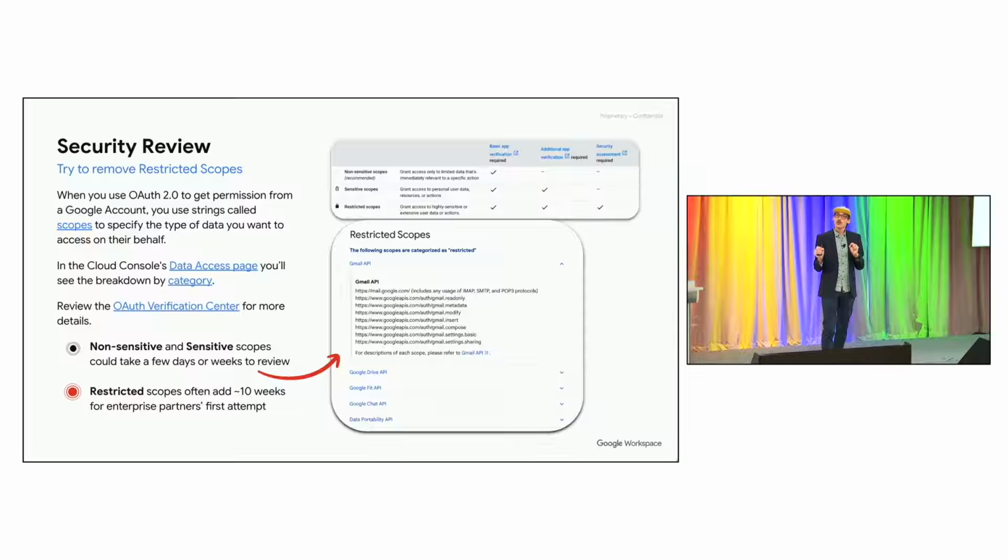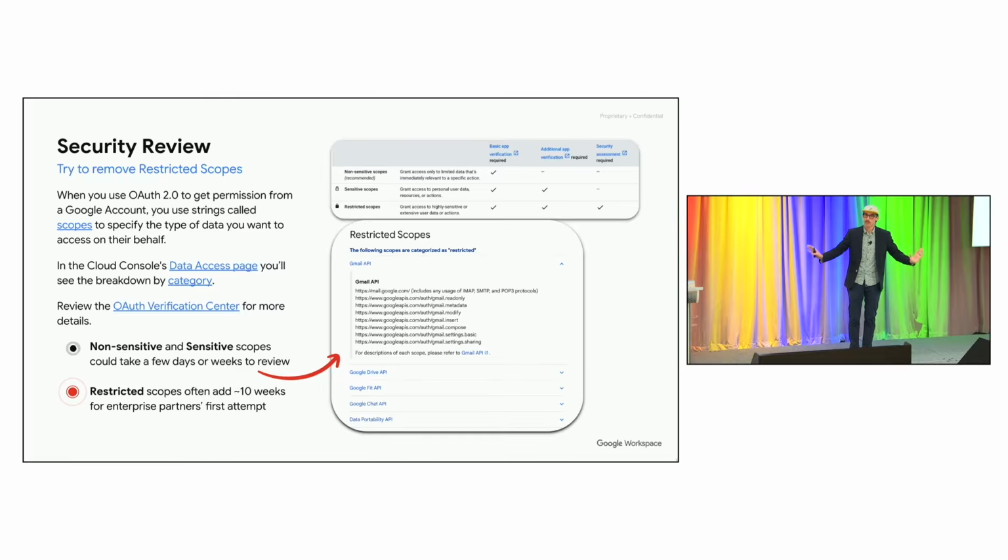But if you can take a step back, review what's available outside of the restricted scopes and see what might be a sensitive scope or a non-sensitive scope that you could use in a creative fashion instead, there's tremendous upside. It's just going to save you so much time and energy. Not to mention, it's free if you are not using restricted scopes. We'll get to that in a minute too.